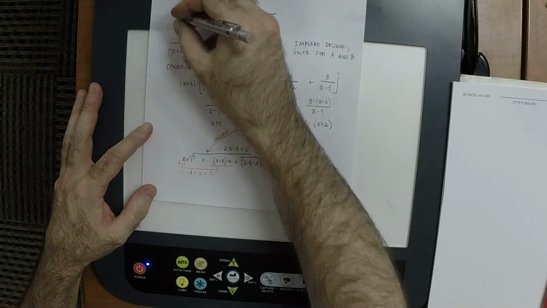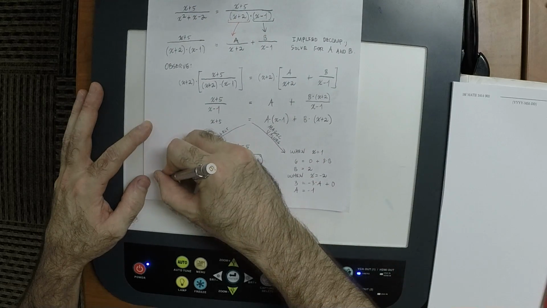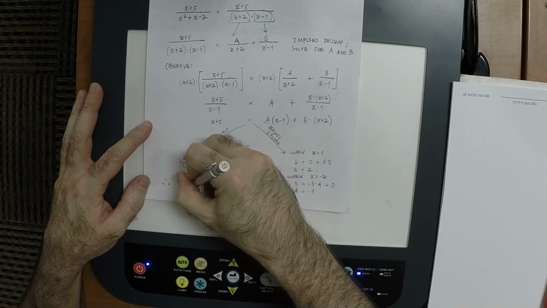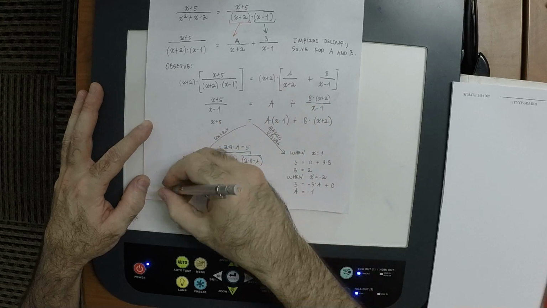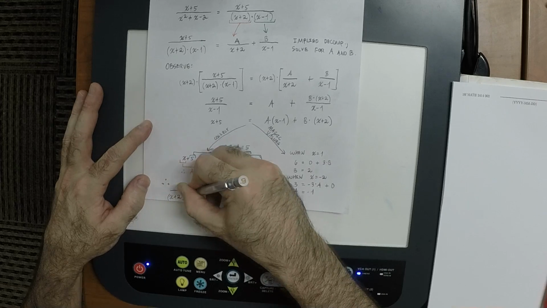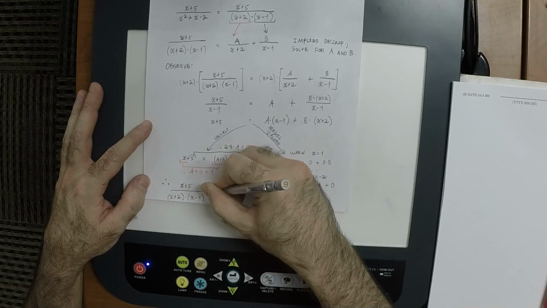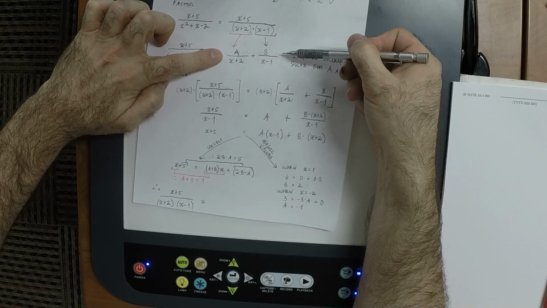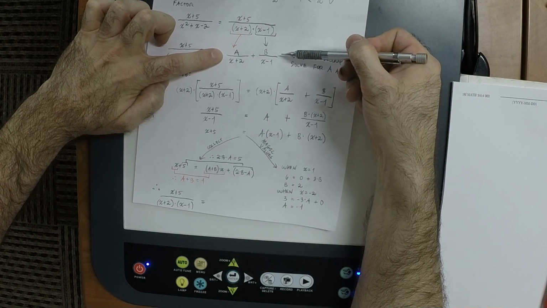Okay. So then, as a result of all of this, we've determined that, in fact, you can decompose x plus 5 over x plus 2 times x minus 1. We said that it must decompose like this pattern, right?